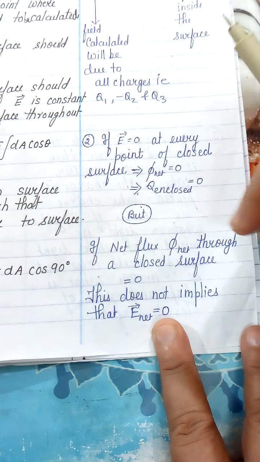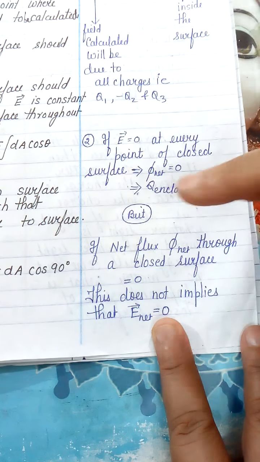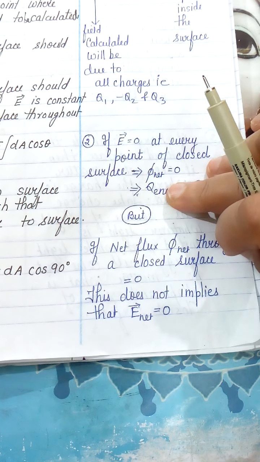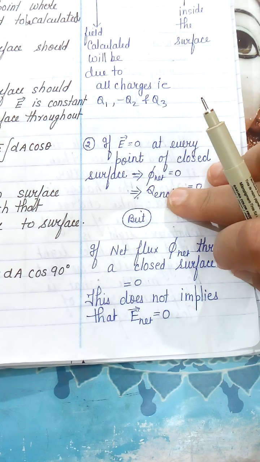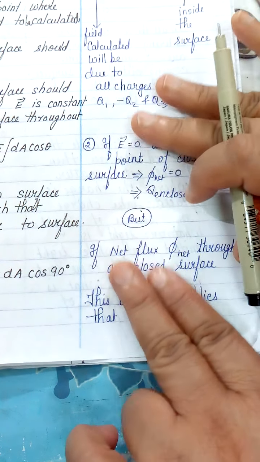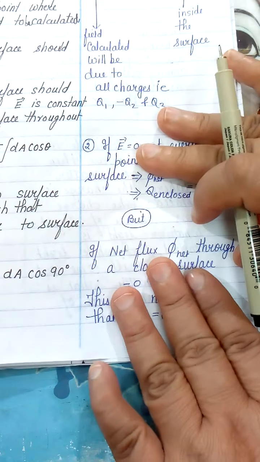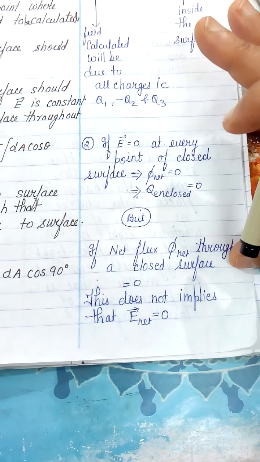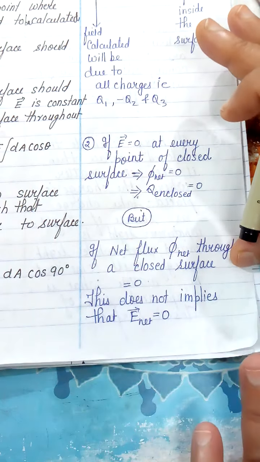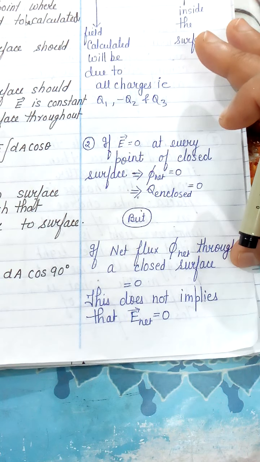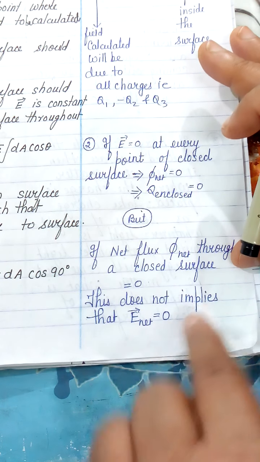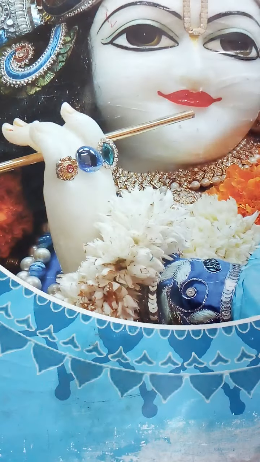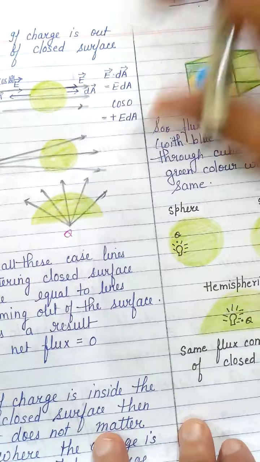But if the net flux through a closed surface is 0, then it does not imply that the electric field is 0. Getting the difference of the two statements? We will see this in the next point. That's why I am saying that if the net flux is 0, the electric field may still not be 0. So let me see the next conceptual point.